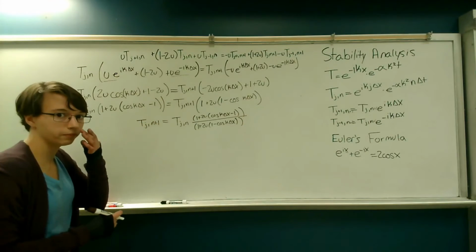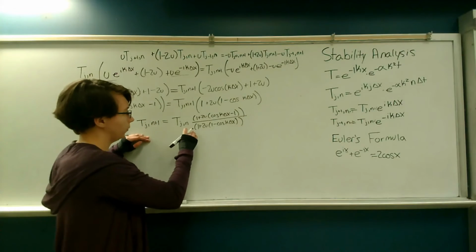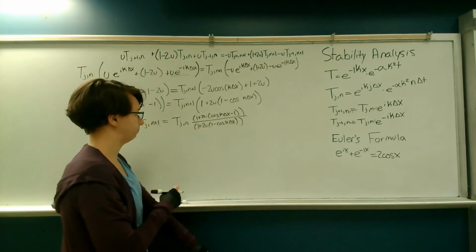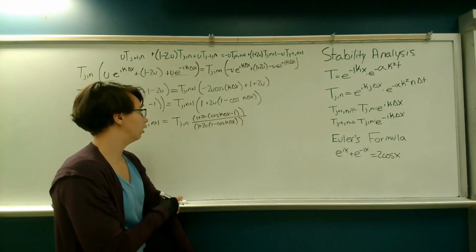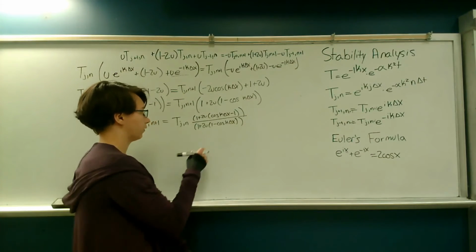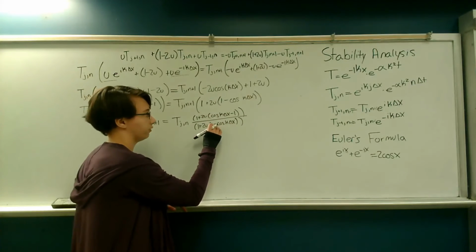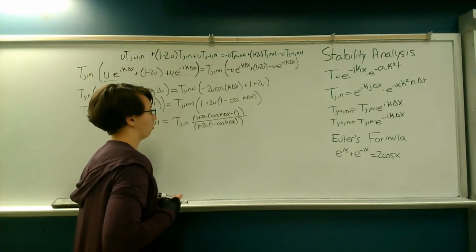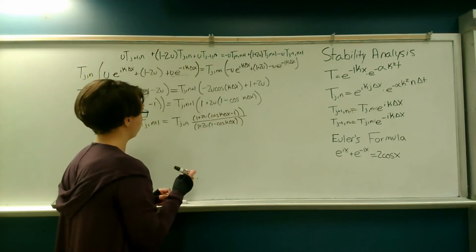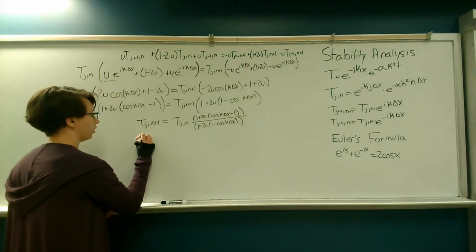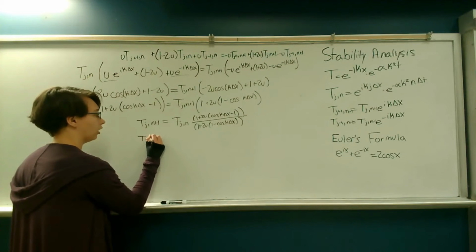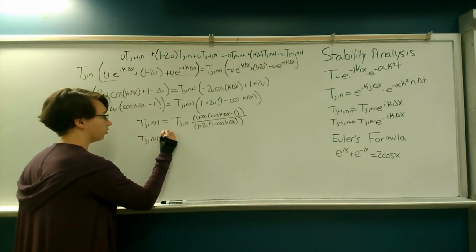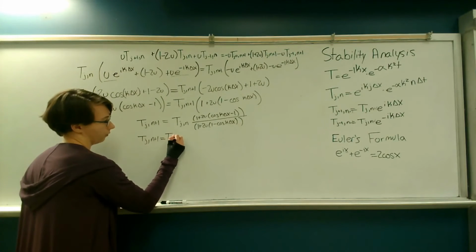Alright, so then at this point we can see these are very similar. It would be nice if we could cancel these, and we can if we factor out a negative essentially from one of these. So we're going to factor the negative out of the top side. So we're going to have T at j at n plus 1 is equal to T at j at n.